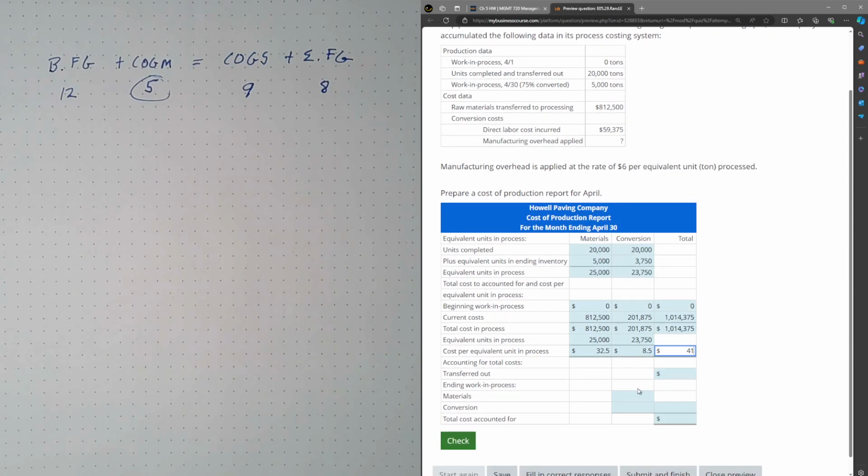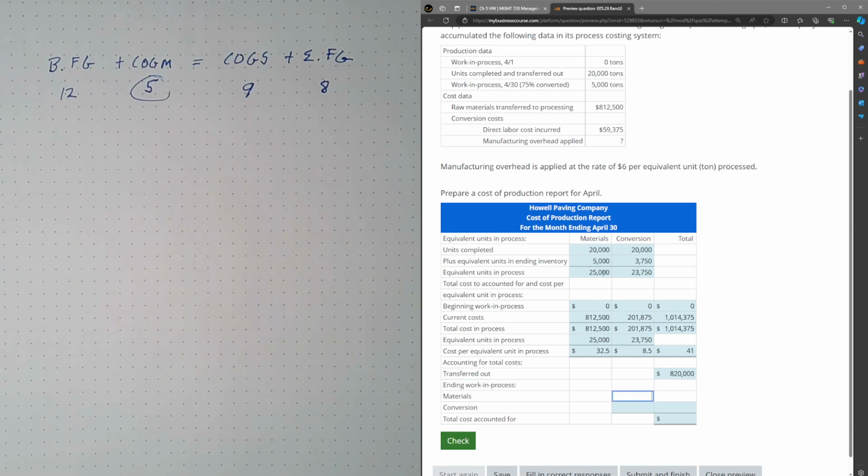Now here, transferred out, so completed. How many units were completed? 20,000 units. Now, I could do 20,000 times 32.5 plus 20,000 times 8.5, but because they're both being multiplied by 20,000, I can just do 20,000 times 41, which is the total cost. 20,000 times 41 equals 820,000. Now, the materials would be for the ending, so we're looking at ending work in process.